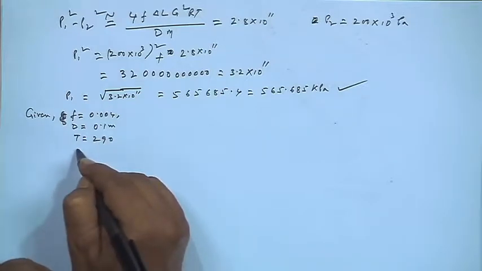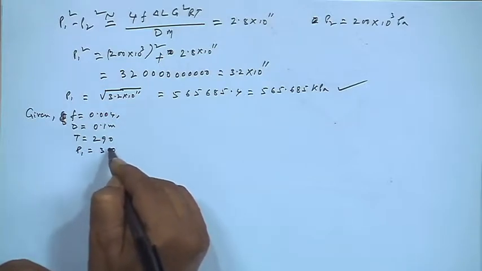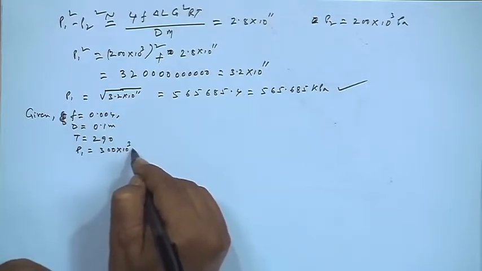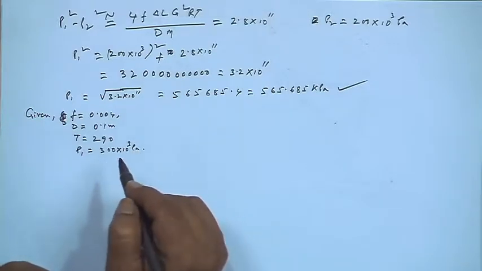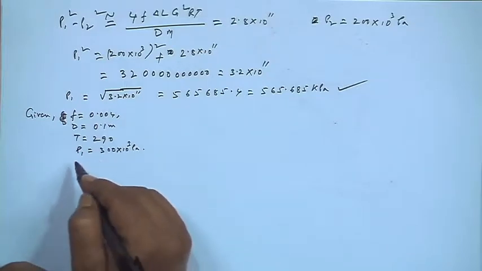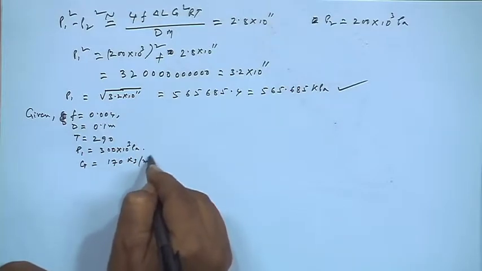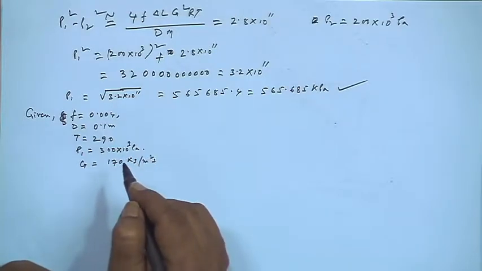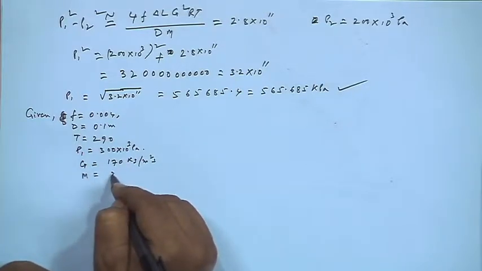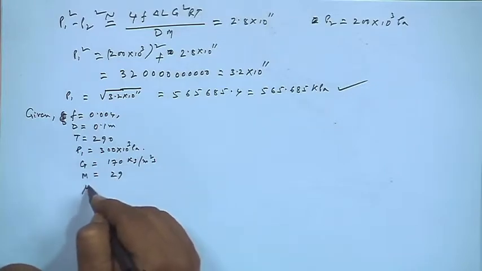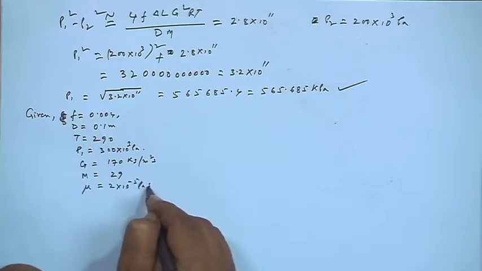P1 is given to be 300 into 10 to the power 3 Pascal, and mass velocity G is given as 170 kg per meter square second. And molecular weight of the gas or air is 29, viscosity of air is 2 into 10 to the power minus 5 Pascal second.